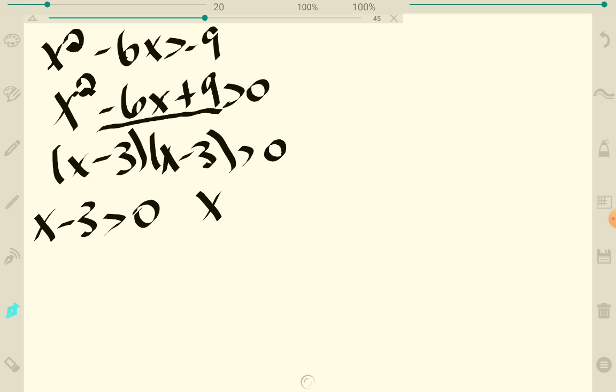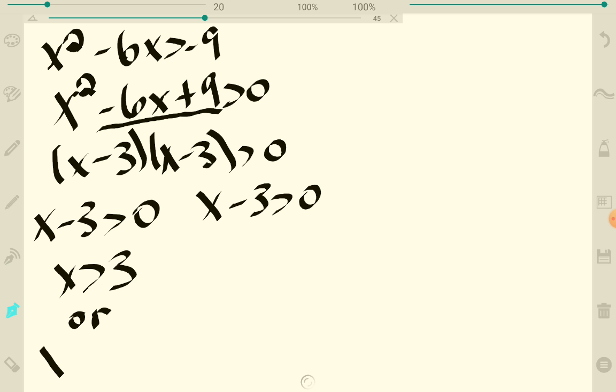And when we put it in this way, we get x minus 3 is greater than 0. We would get x is greater than 3 both times. Or we would get x is less than 3.